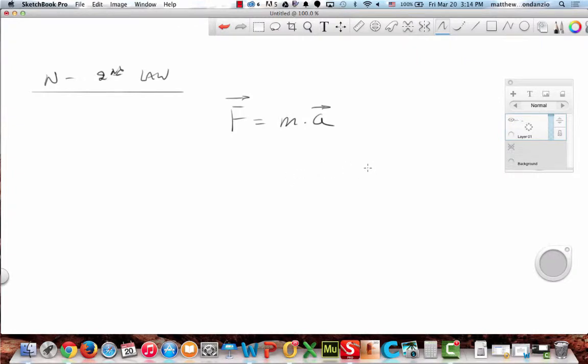Because I have a direction, this makes logical sense, because if I'm going to push an object, it's going to accelerate in the direction I'm pushing, right? In order for it to accelerate in a specific direction, I have to have a force going in that direction. So the force gets its direction from acceleration, or the acceleration gets its direction from the force, but they're the same direction. Does that make sense?